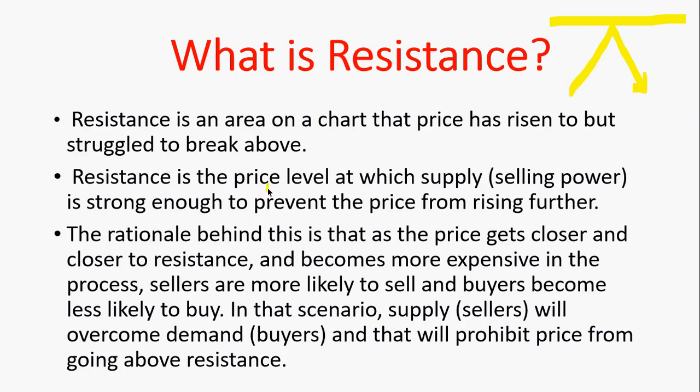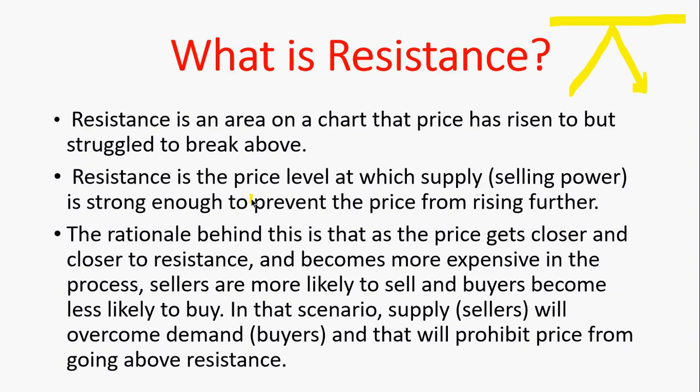Now, in theory, when the price is at the resistance level, that is where the selling power is. That is where the supply is. So it becomes so strong. When the price is approaching resistance, it becomes more and more expensive.